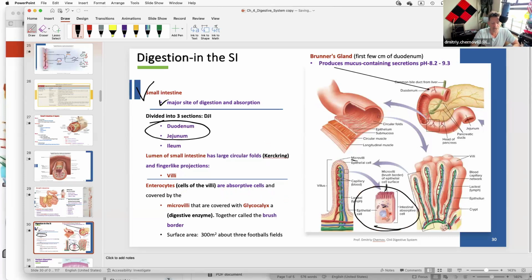Remember these enterocytes, because when we discuss bacteria, the bacteria is important for enterocytes. The byproduct that bacteria creates is important for enterocytes. That would be later. So the villi are these finger-like projections.